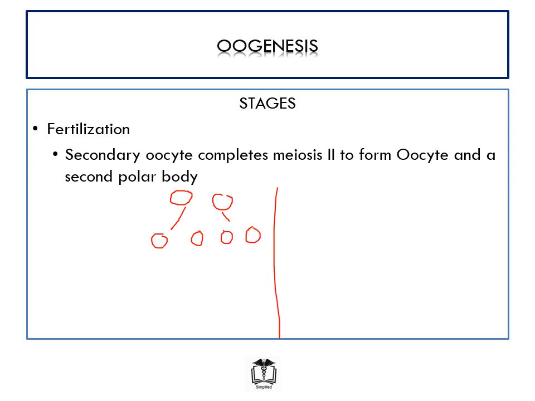In oogenesis, we have a single secondary oocyte undergoing meiosis 2 to form a single mature oocyte, or what we call an ovum, plus a polar body. So it's always a single primary oocyte forming a single secondary oocyte plus the first polar body. Now we go from a single secondary oocyte forming a mature oocyte or mature ovum plus a second polar body.